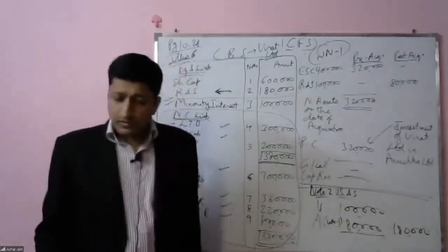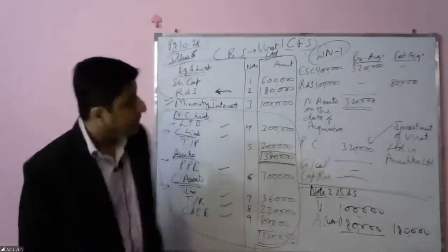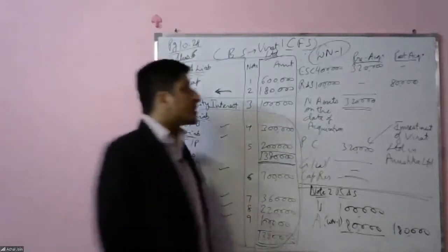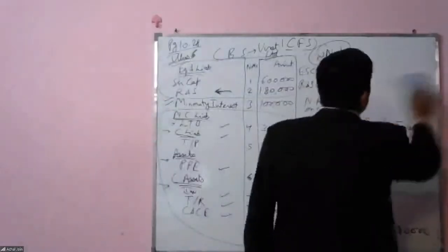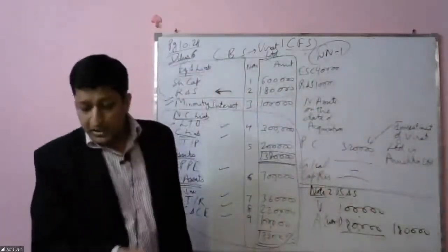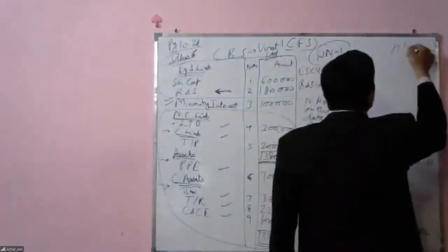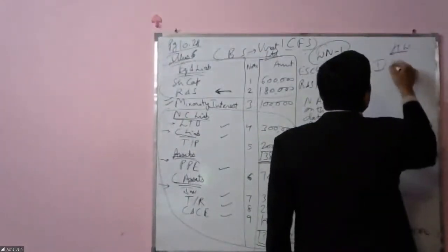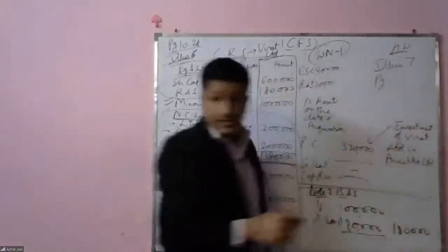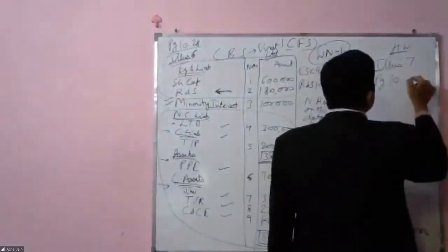So now, using the same principle, you should get on to illustration number 7 as your homework. So please note down illustration number 7, page number 10.32.